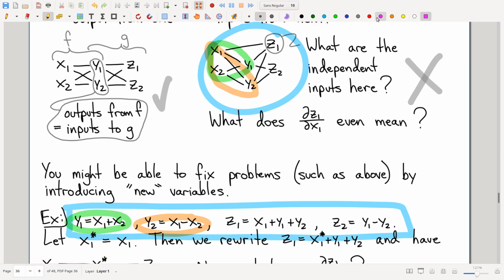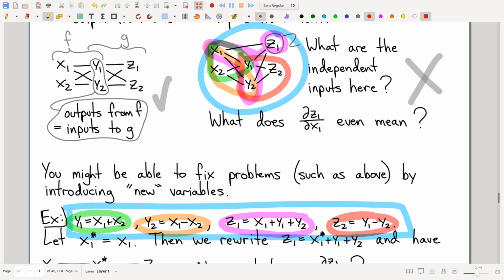And now this is a weird one. z1 seems to be a function of x1, y1, and y2. So that's why I drew those lines like I did in that diagram. It's exactly what came to me in this example in the equation. And then just to be complete, z2 is a function of y1 and y2.